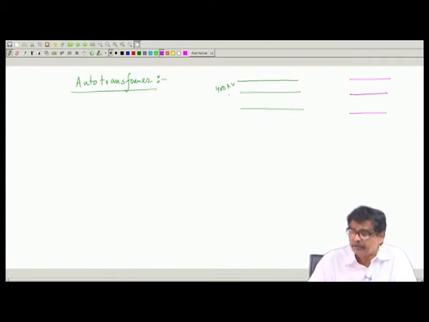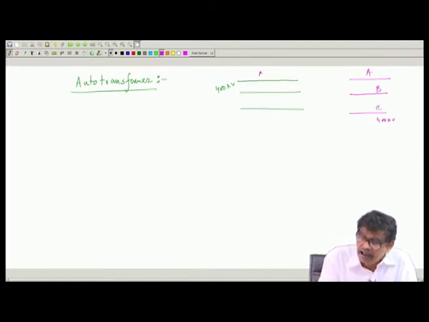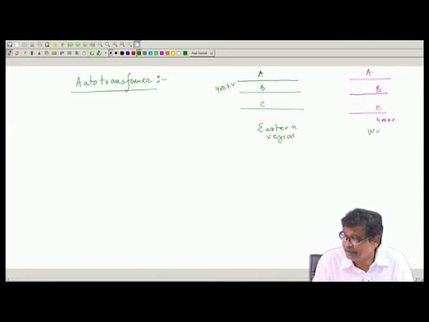So if you want to make common grids all over the country, all the grids are to be connected in parallel. This level of voltage should also be 400 kV, then only these two can be connected. This is A phase, B phase, C phase, and these are the corresponding phases A, B, C. This is the eastern region grid, and this is the western region.